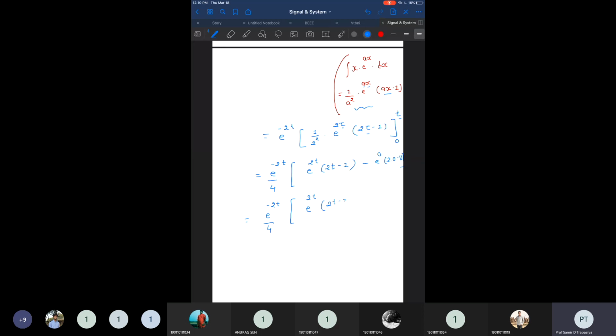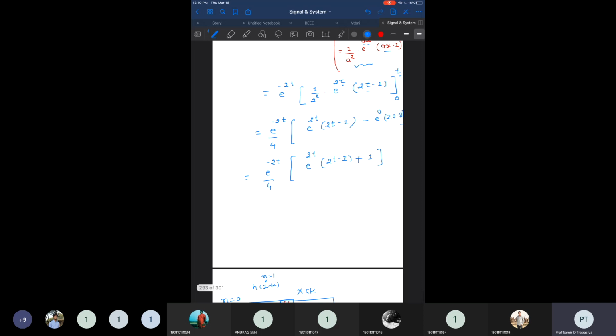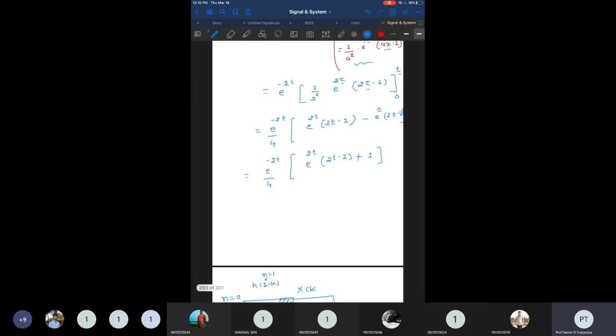2t minus 1. E raised to 0 is 1 and 2 into 0 is 0, but it's a minus 1, minus minus plus, so we are getting here 1, right? And that is the right answer. But if you want to further simplify this by taking 1 by 4 as common, and e raised to minus 2t we kept inside, so e raised to minus 2t into e raised to 2t into 2t minus 1, plus e raised to minus 2t, right?